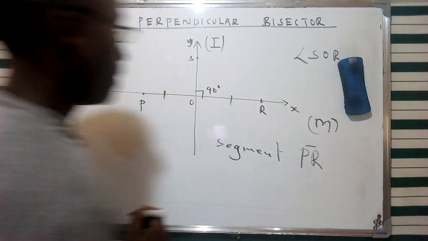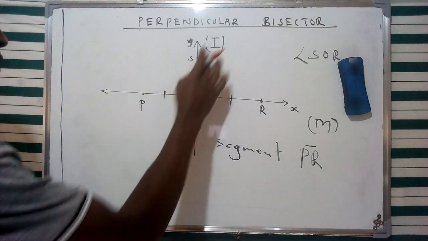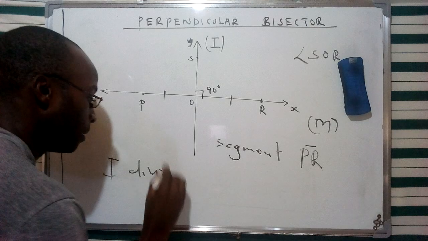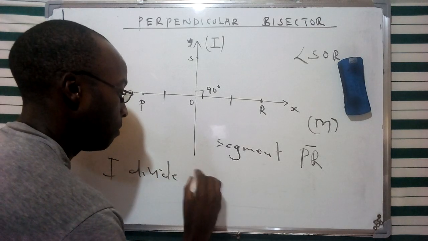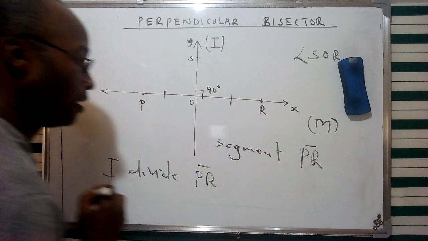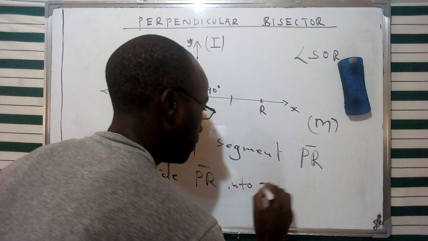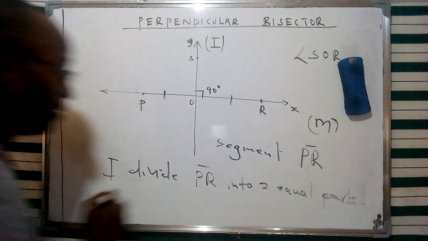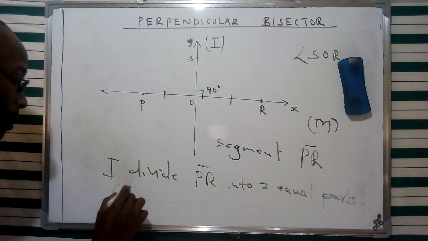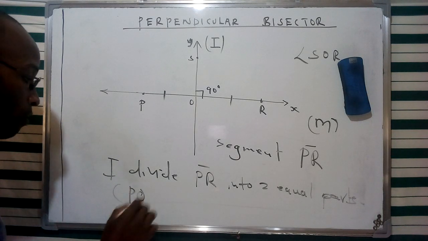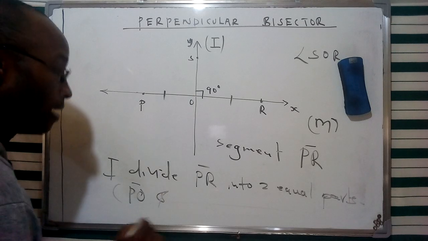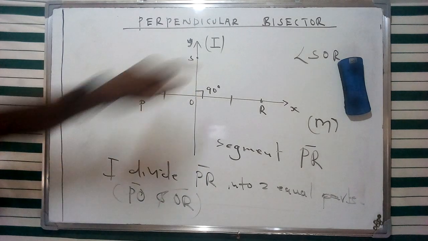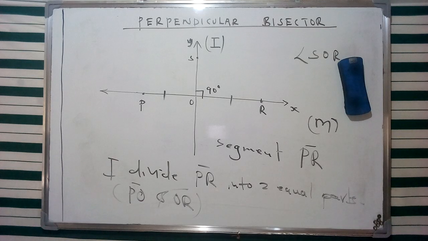So the perpendicular bisector, which is I, is going to divide this PR segment into two equal parts, and these parts I'm going to refer to as the segment PO and the segment OR.